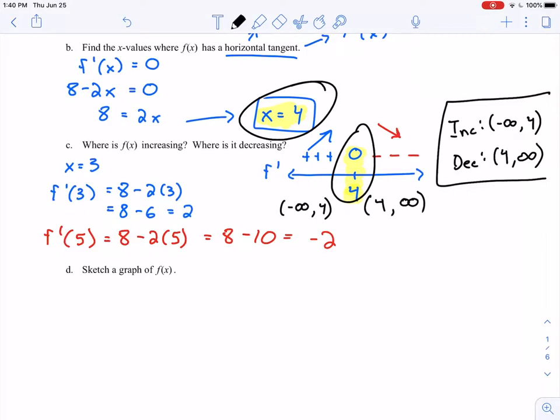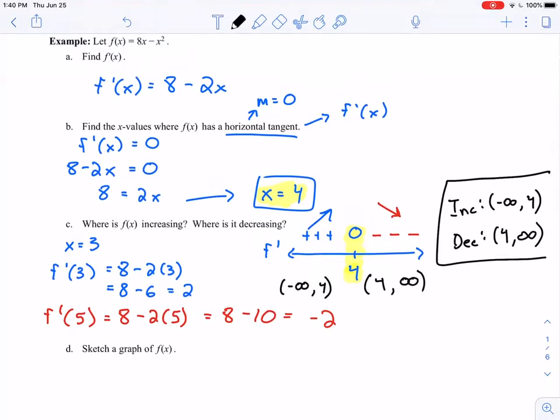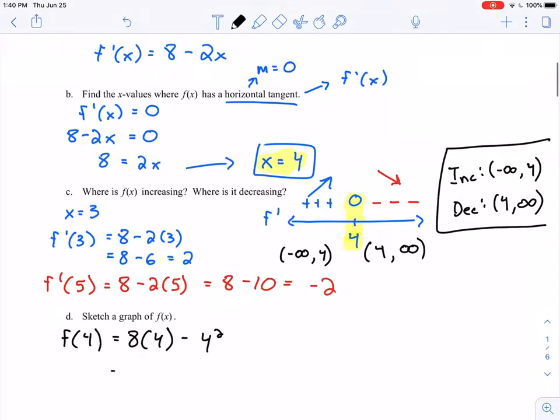So I'm going to take x equals 4 and plug that into my original function because it seems like there's a lot of interesting stuff happening there. f of 4 is equal to 8 times 4 minus 4 squared. So let's see, this is 32 minus 16, which gives me 16.